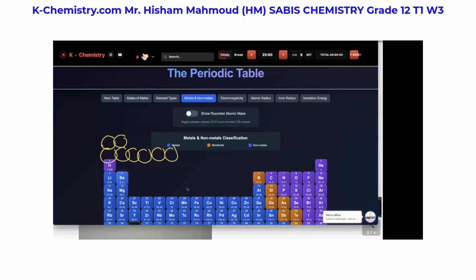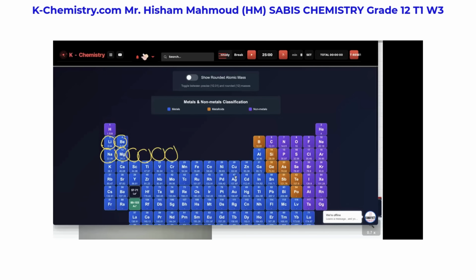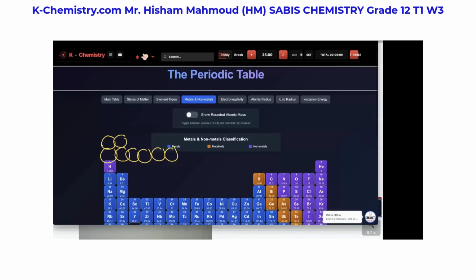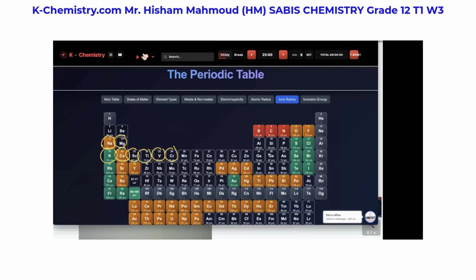As long as you are in the metals, it keeps decreasing. Then when you go to the non-metals, the ionic radius starts to increase. The more you go towards the non-metals, the ionic radius starts to increase.